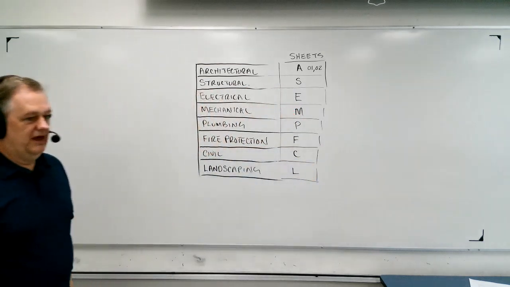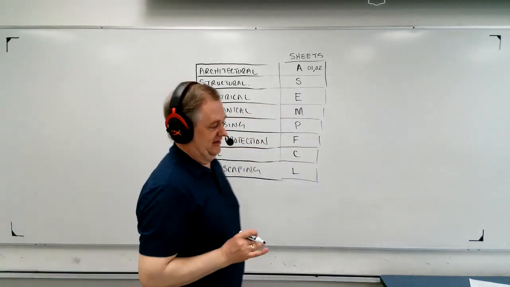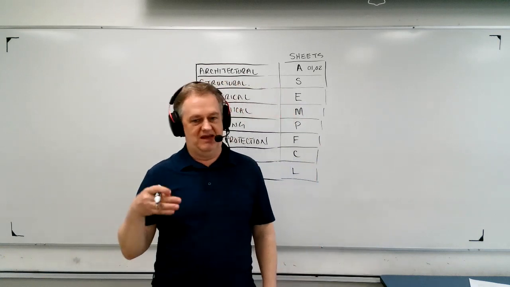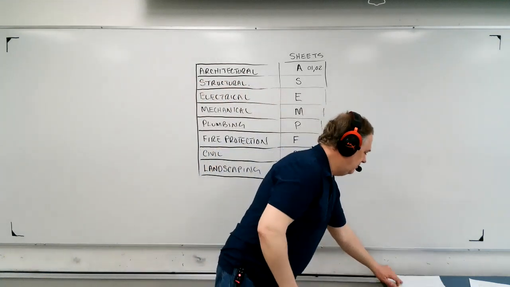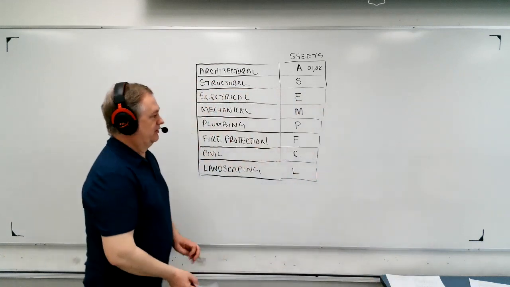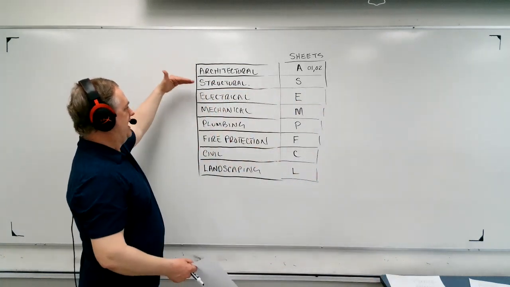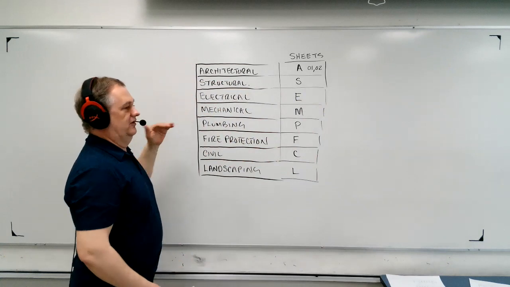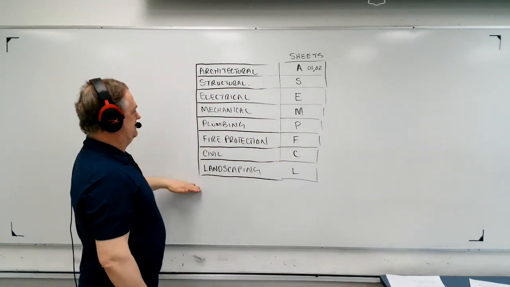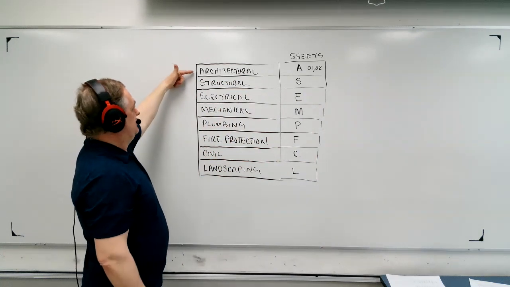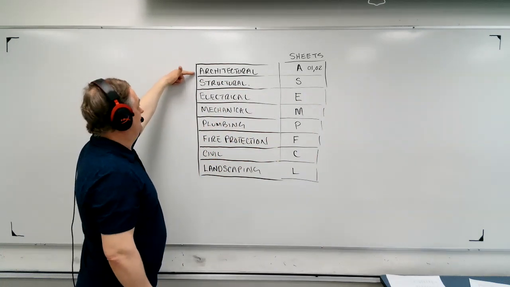Okay, now that's not a complete list. On some projects, there may be some additional sections, but these really cover most of the main sections. So these are really just the main categories that all of the different sets of plans are going to take. Now, architects are obviously involved in designing these.